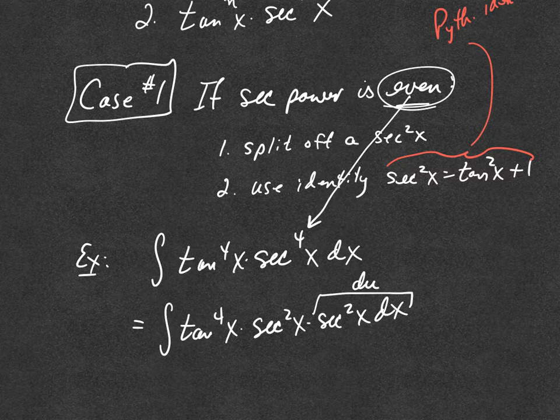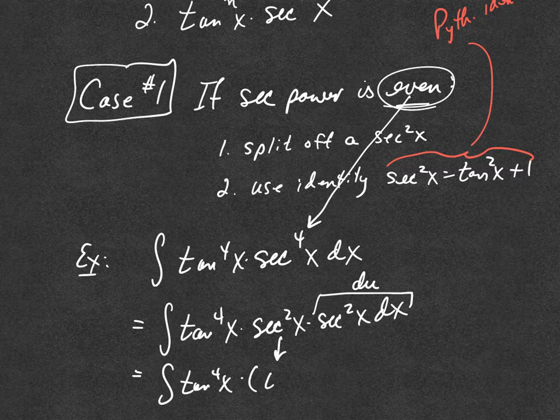So first thing, split off a secant squared. Next, anywhere you see a secant squared, replace it with tangent squared plus 1. We're going to replace this secant squared with tangent squared plus 1, not the second one.